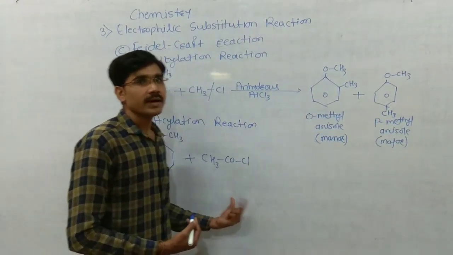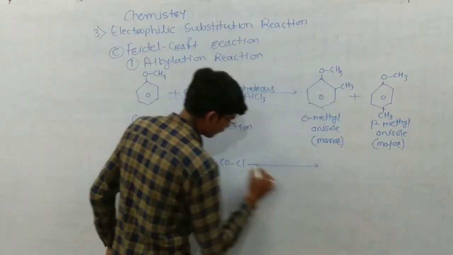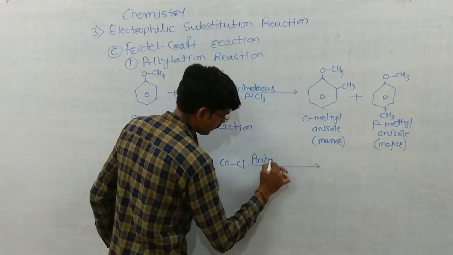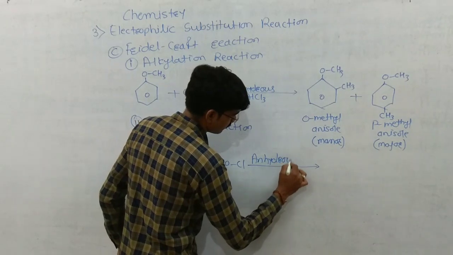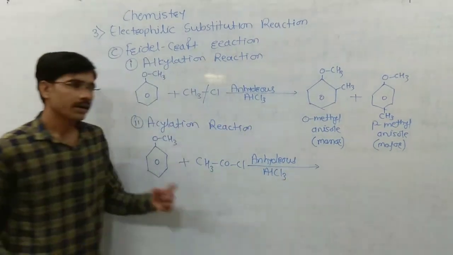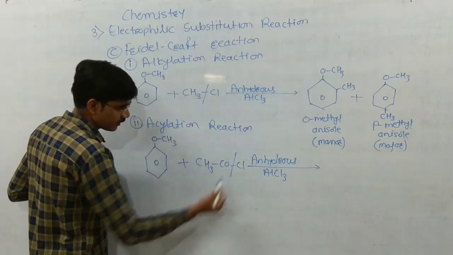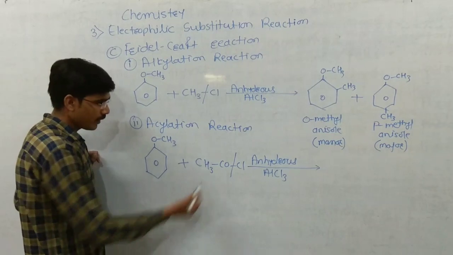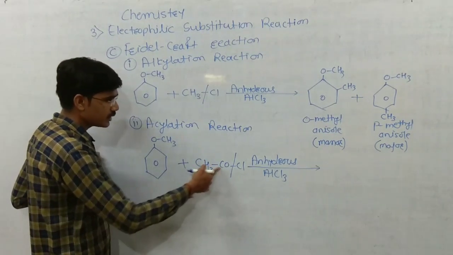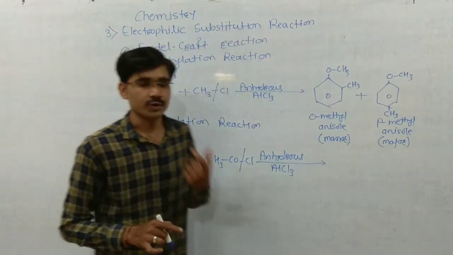This acetyl chloride reacts with anisole again in presence of anhydrous AlCl3. We are getting again two products. Which one? This Cl breaks from the compound and this CH3CO is attached to ortho position and the para position.